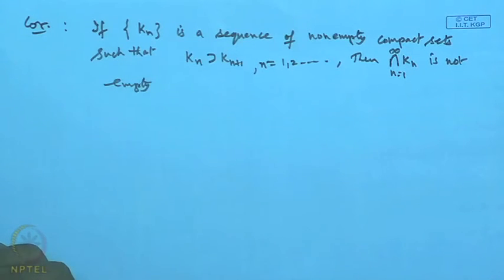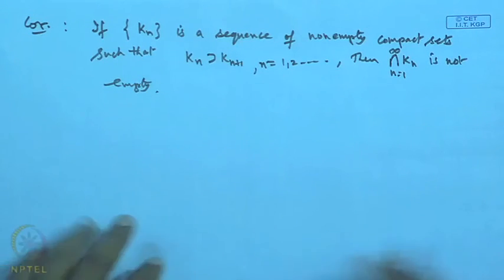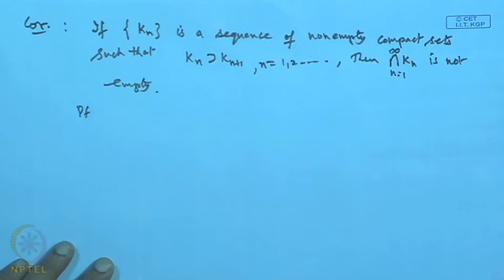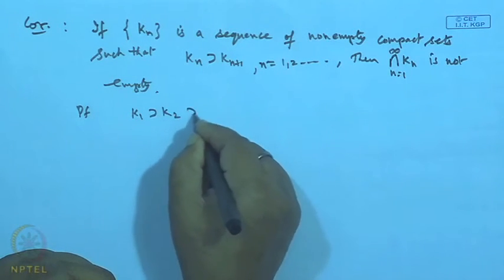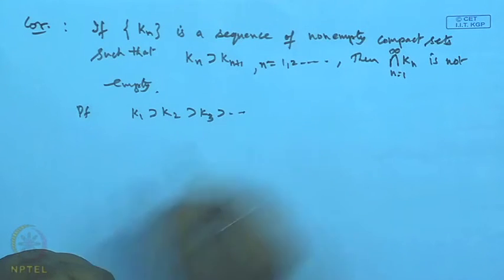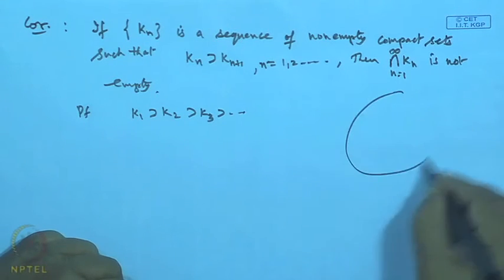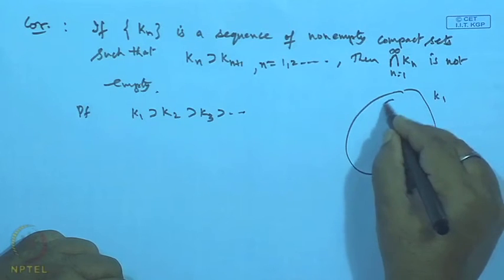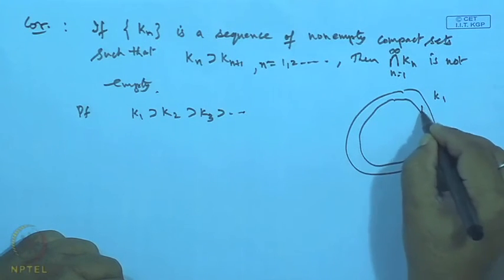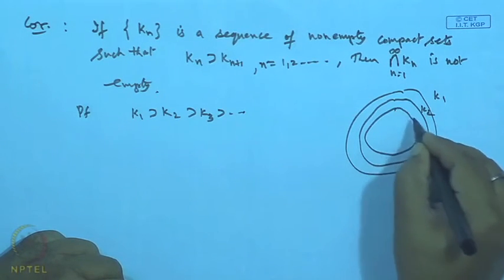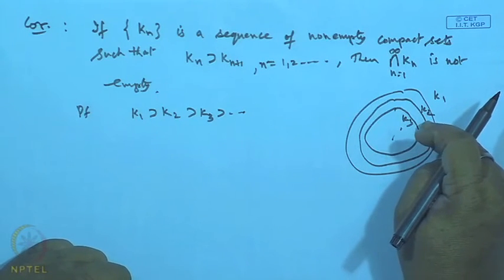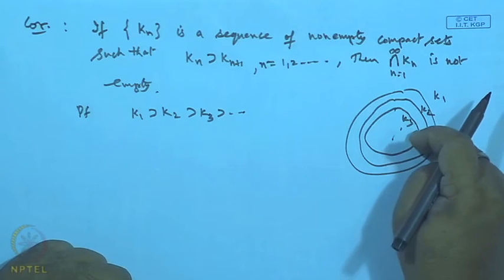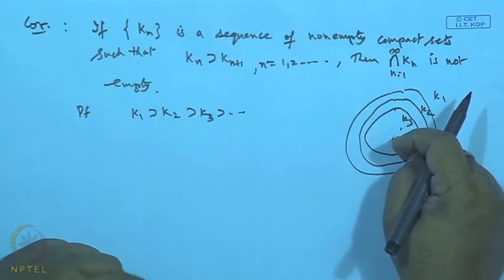The proof follows from there, because what is given? K1 contains K2, contains K3, and so on. So this is our K1, here is K2, here is K3 and like this. If I take any finite collection of Kns, then their intersection is non-empty.